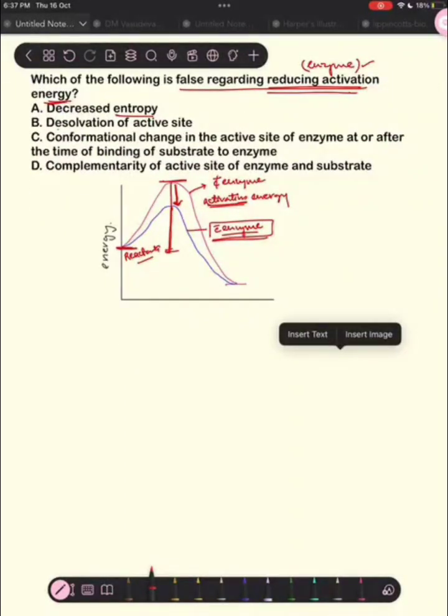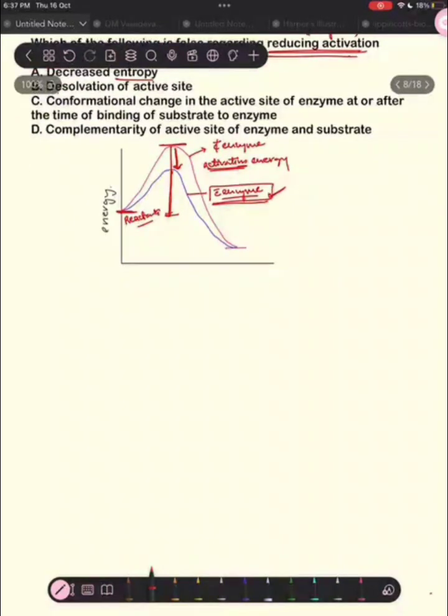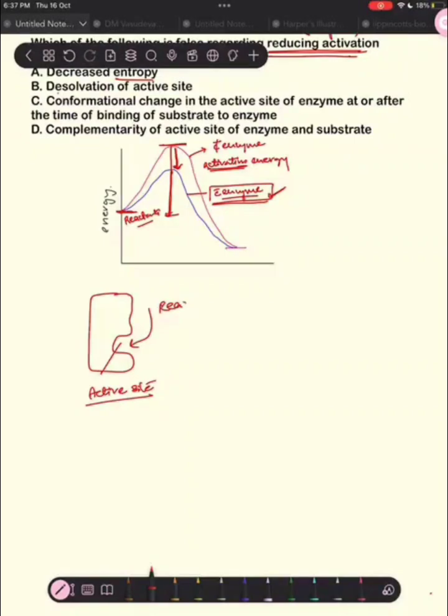Now, the free energy which is coming from the enzyme, where is this free energy coming from? For example, let us think of this as an enzyme. An enzyme always has an active site. This is called the active site of that particular enzyme. This is nothing but a protein. A protein will have a pocket, where all the reactants come and are divided from the surrounding environment.